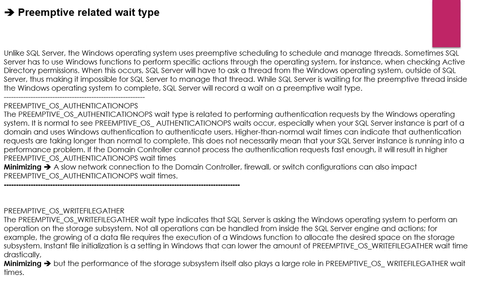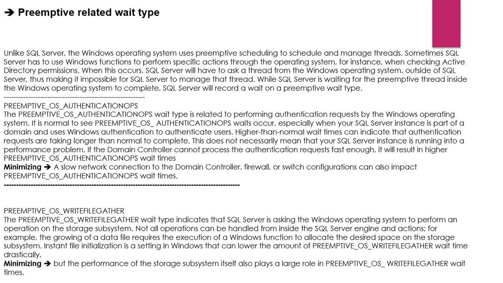A slow network connection to a domain controller, firewall or switching configuration can impact this wait time, or if there is not much RAM or it's taking too much time to process, at that time these wait types are recorded.